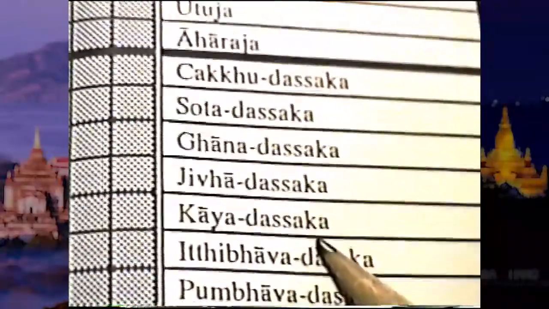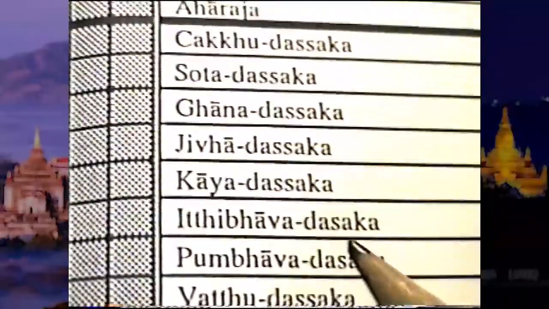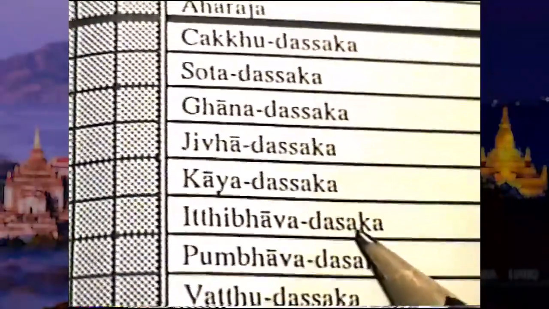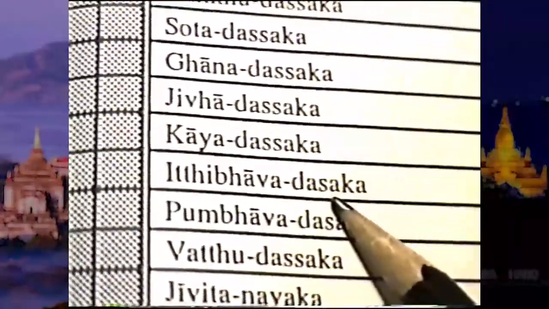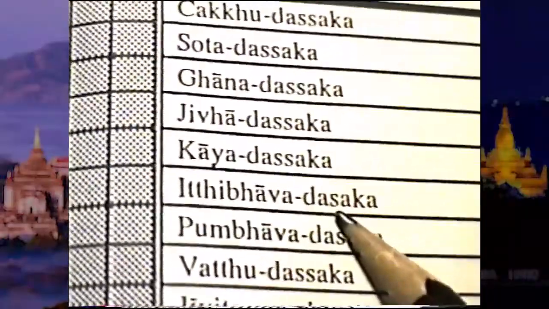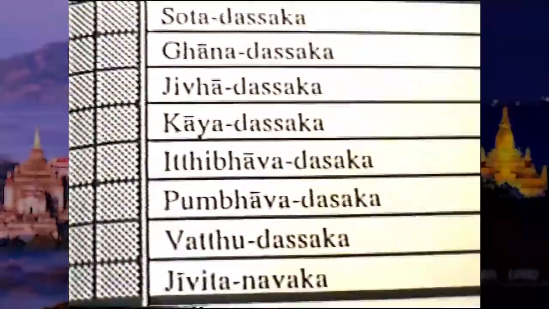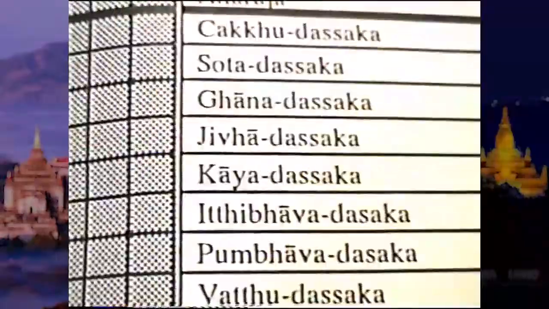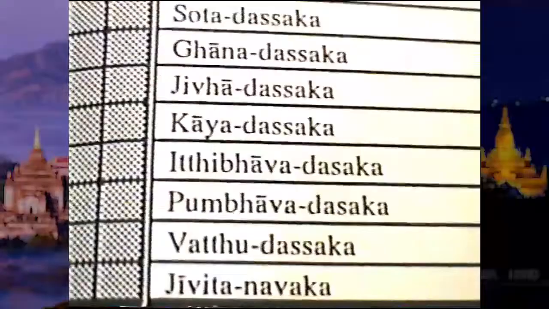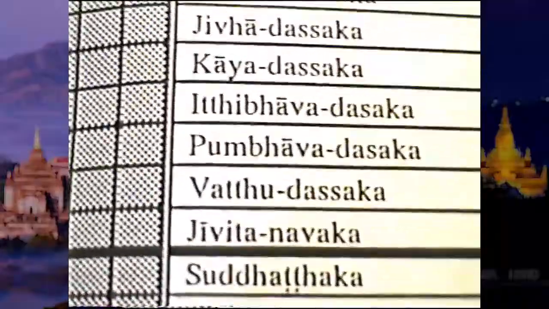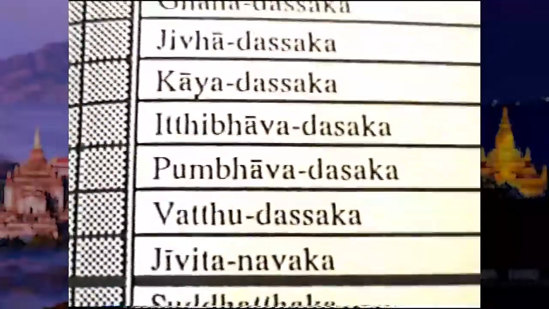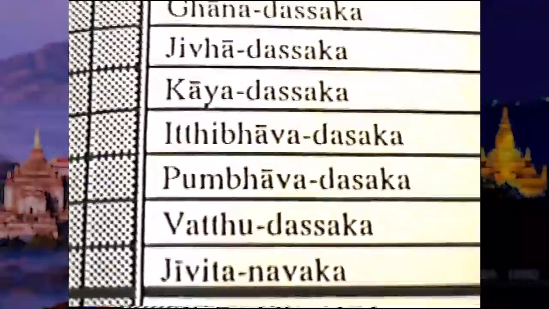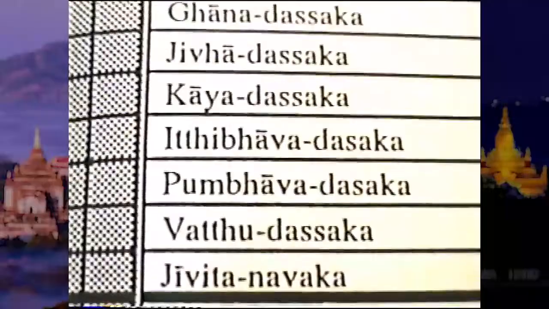Then next, Itthibhava Dasaka. So 8 plus Jivita plus Itthibhava, femininity. These 10 are called Itthibhava Dasaka, female decade.